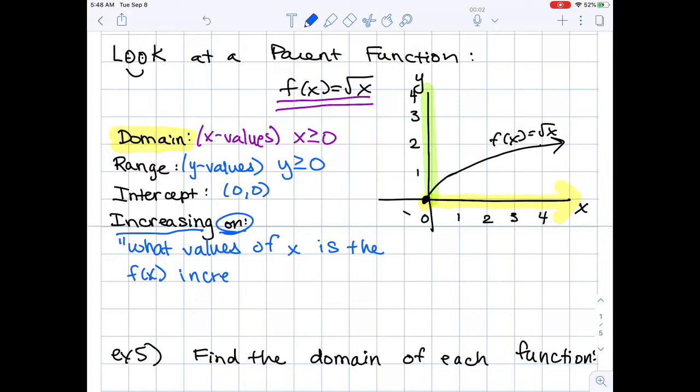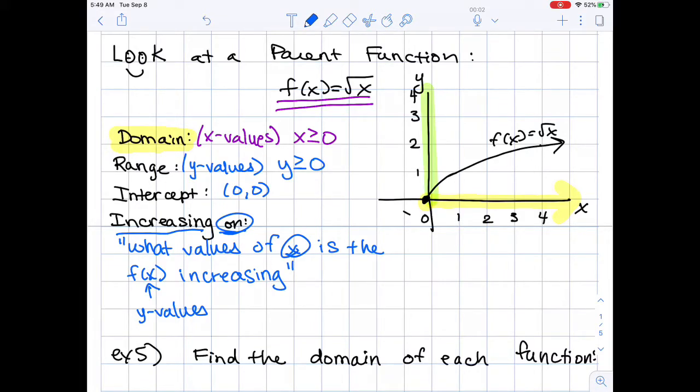Remember that the function values are really the y values, but we want to talk about it in terms of x. So what values of x on the x-axis do we see that the y values are increasing? Well, I see the y values increasing the whole time here. So for this case, it's increasing on the same as its domain.